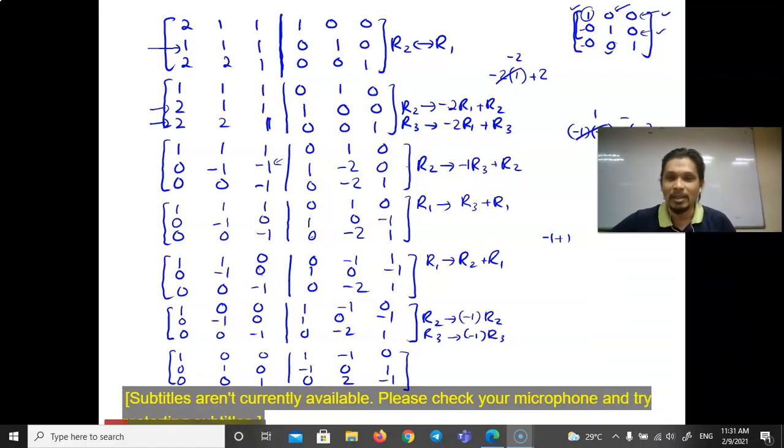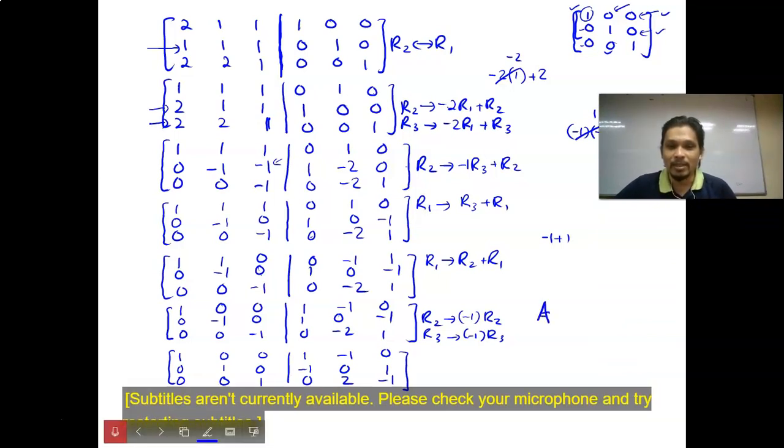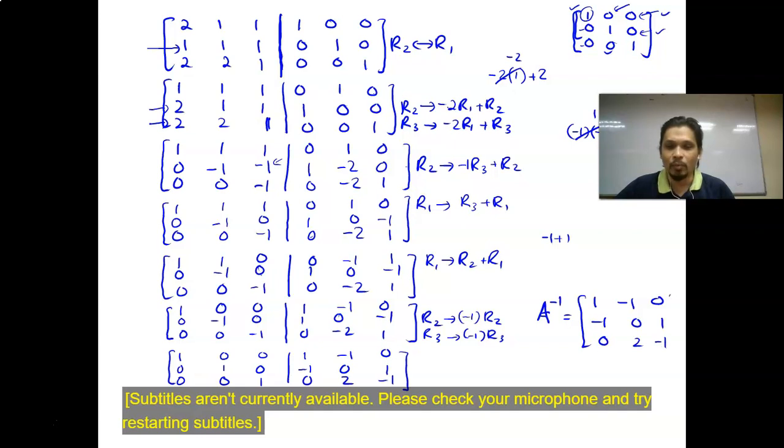And finally, we come up with the conclusion that the A inverse equal to 1, negative 1, 0, negative 1, 0, 1, 0, 2, negative 1. There you go. Okay, you may try yours by yourself, to solve this using ERO.